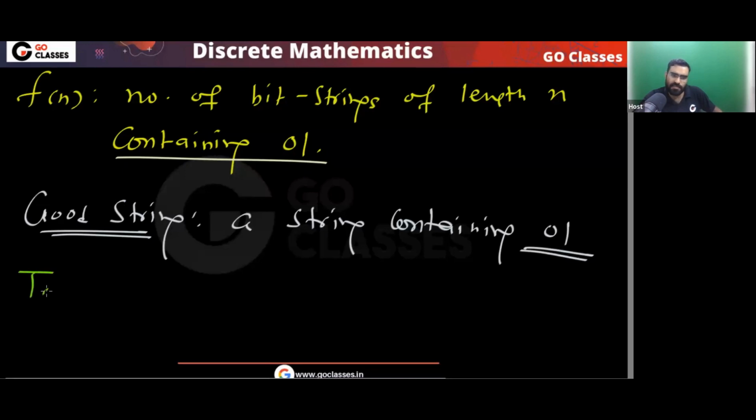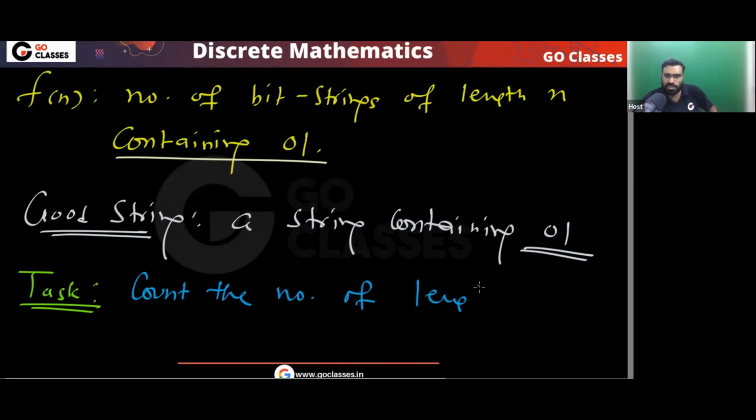So what is my task? Tell me, what is my task? A string containing 0, 1 is a good string. My task is how many length n good strings are there. Okay, my task is to count the number of length n good strings.